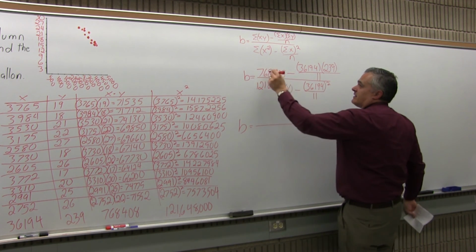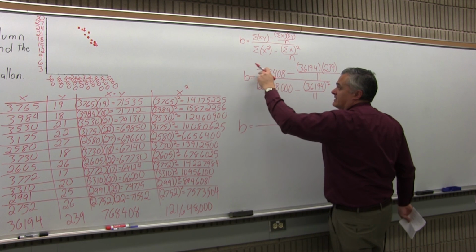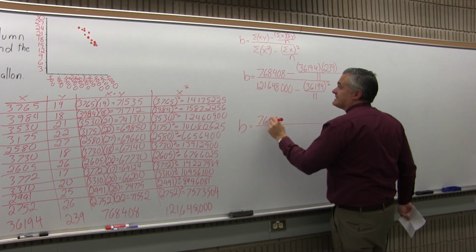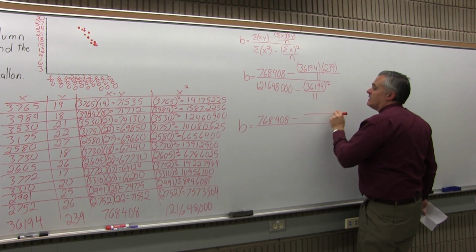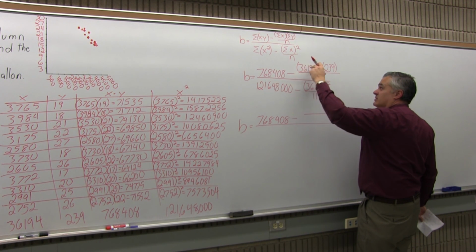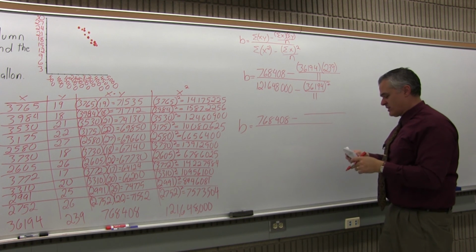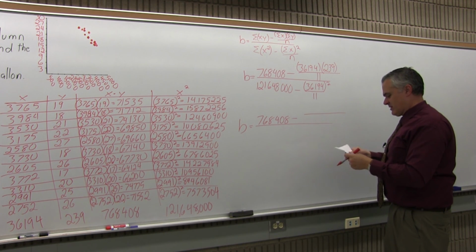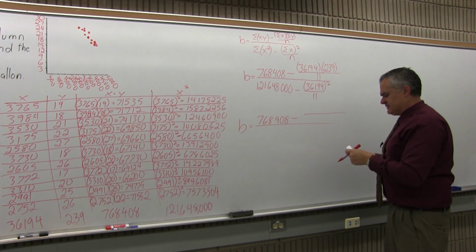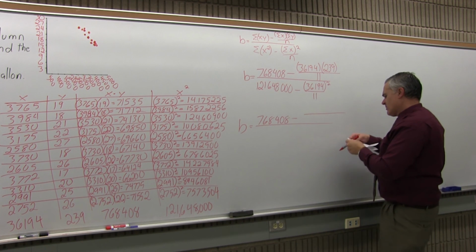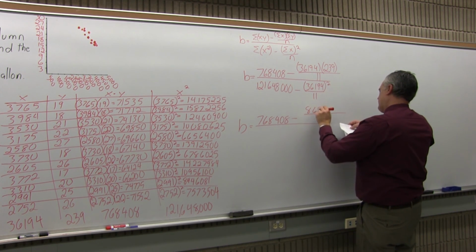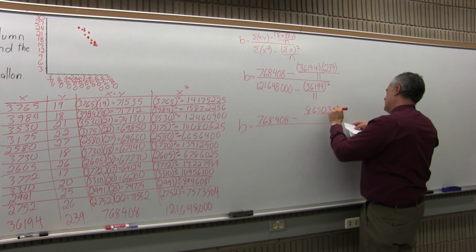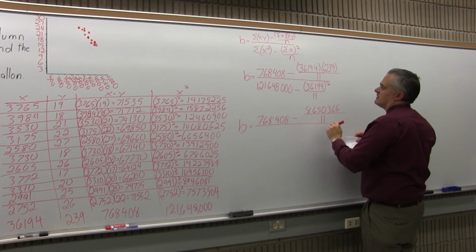So the 768,408 will stay for a minute. Now, 36,194 times 239, I have written down here. And that number comes out to 8,650,366. The 11 will stay underneath.